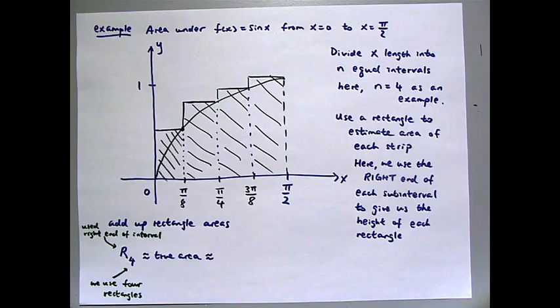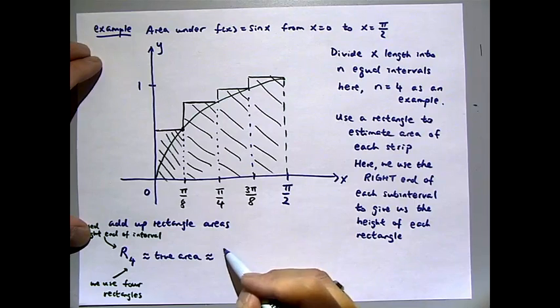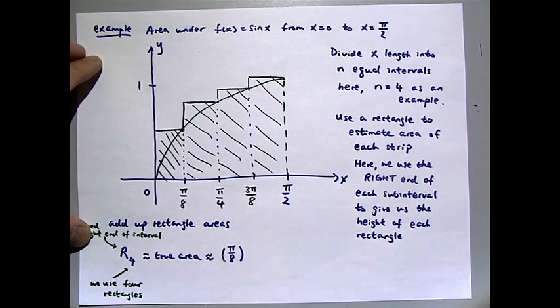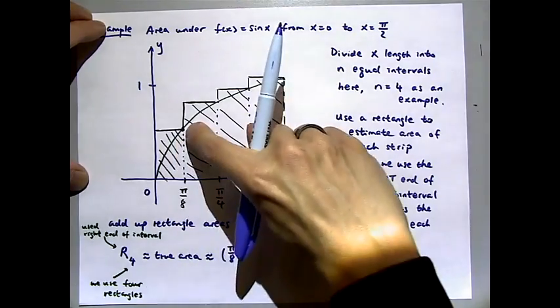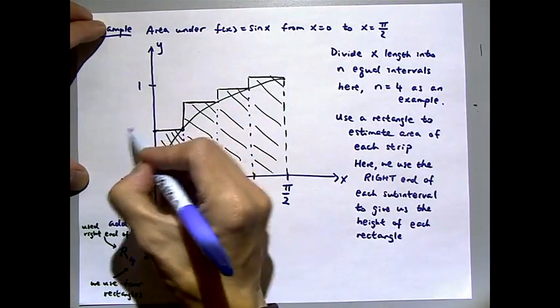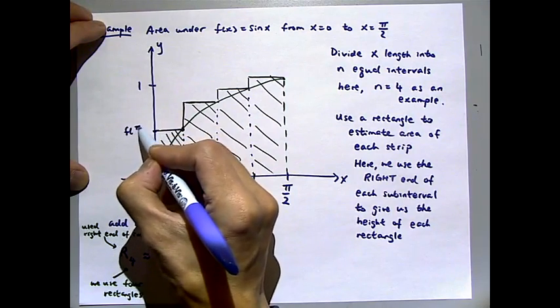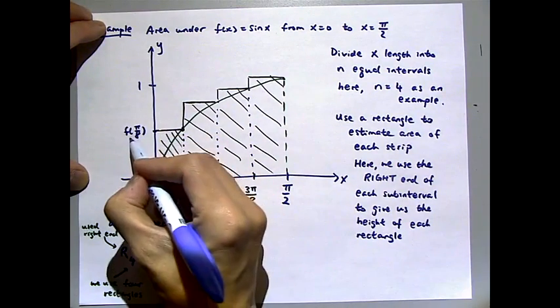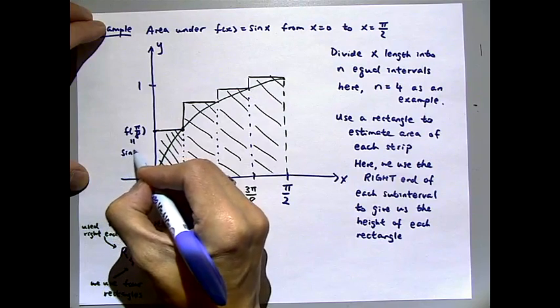Okay, and now here we just add up the 4 rectangles. Look at rectangle 1. It has a width of pi over 8, right? And rectangle 1 has a height. At this point right here, the point that touches the y-axis is f of pi over 8, which is equal to sine of pi over 8.